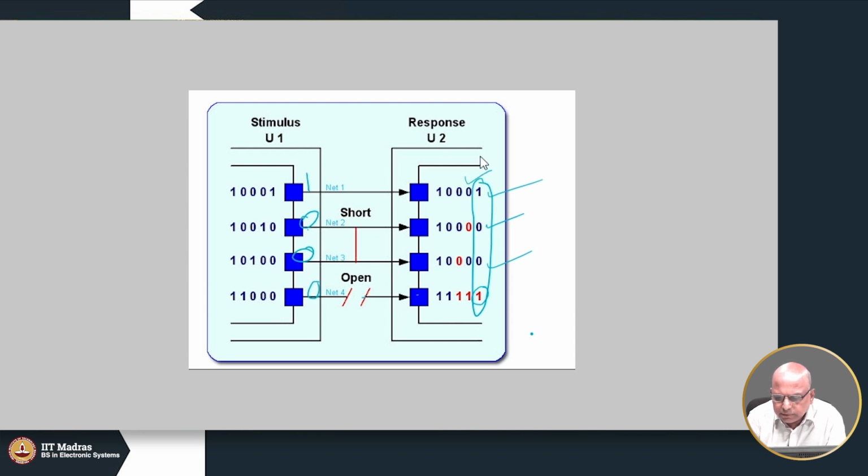That 0 comes here, and unfortunately a 0 is coming here also, because there is a short circuit between these two guys. It should have been a 1 here, but a 0 is here. So this short circuit is causing a 0 to get trapped.